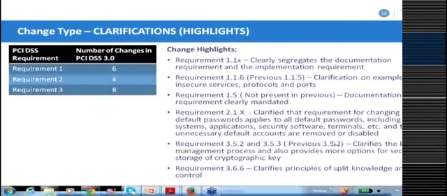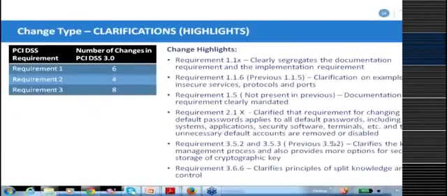Then requirement 1.5, which was not present in 2.0, is a documentation-related requirement, and it clearly mandates that these policies and procedures should exist in an organization, being very specific to requirement 1, which talks about the firewall aspects.